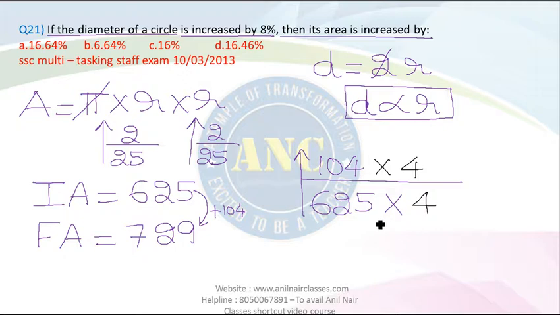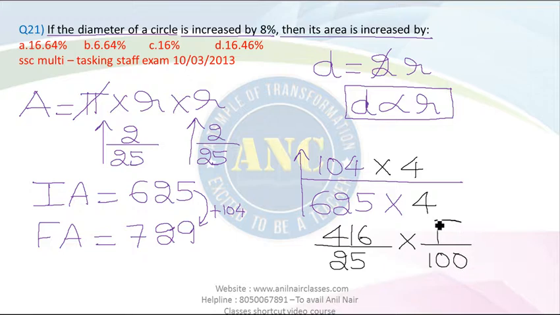That means I can definitely write it as 104 into 4 is 416 divided by 625 into 4, it is 2500. Write down only 25. That 1 by 100 write it separately, because 1 by 100 is nothing but percentage symbol. Now calculate it. Is it difficult to calculate? Definitely I think it is not difficult to calculate.